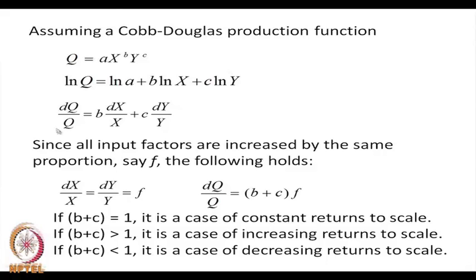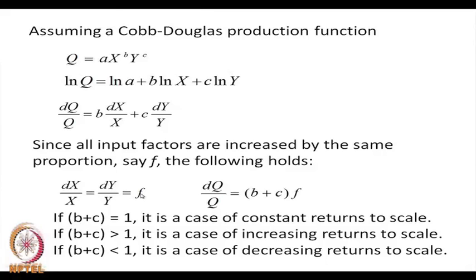Now, this dq by q is the fractional change in q, dx by x is the fractional change in x, and dy by y is the fractional change in y. Now, since all factors are increased by the same proportion f, the following will hold, that is dx by x and dy by y will be equal to f.